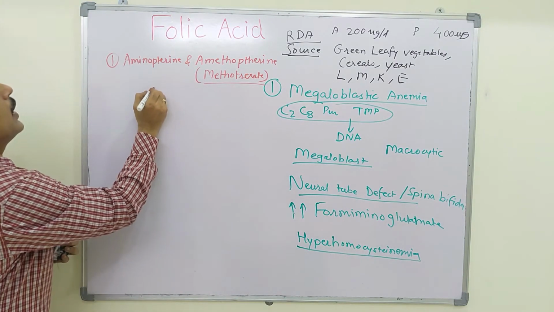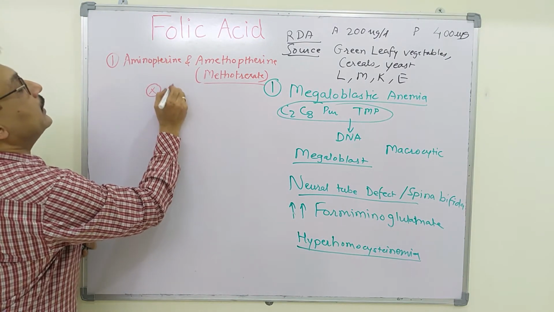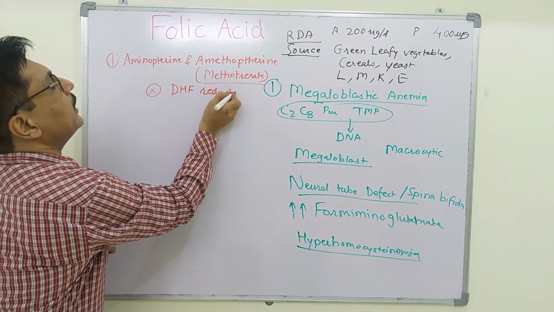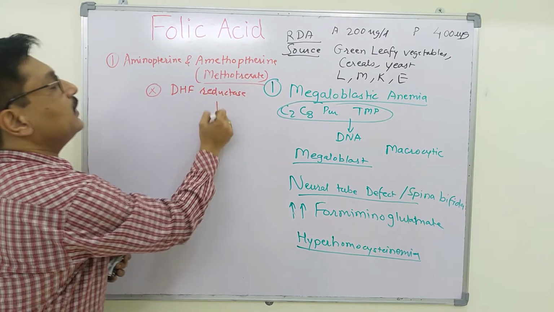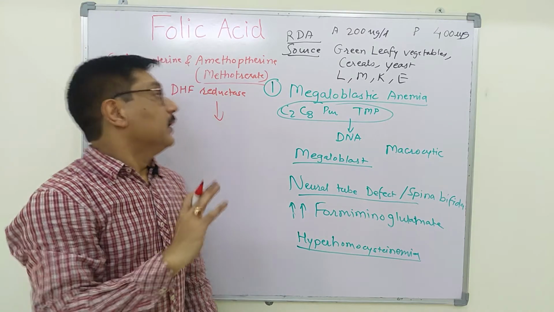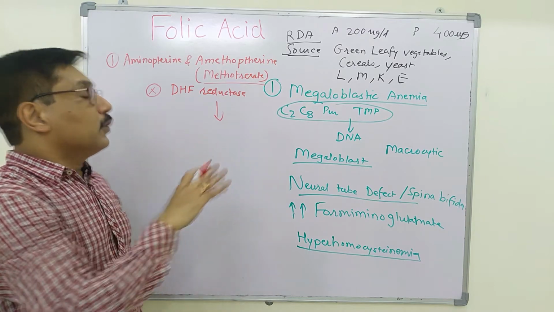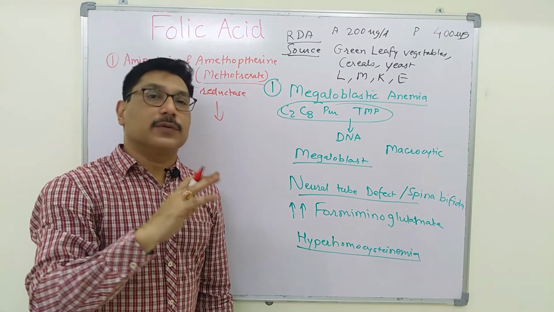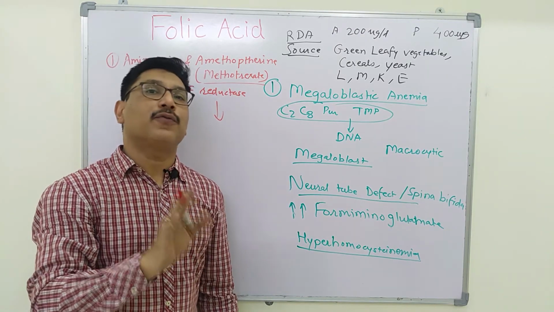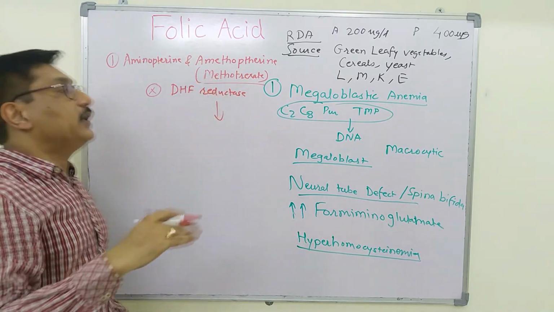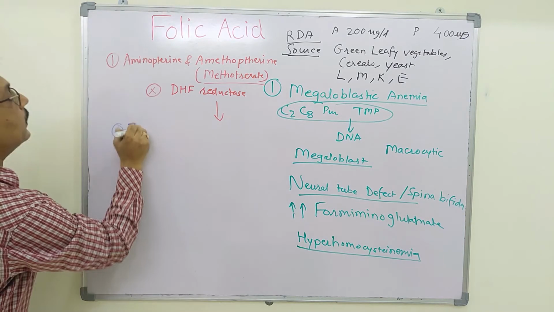They competitively inhibit dihydrofolate reductase and thereby decrease synthesis of purine and TMP. Thereby proliferation or division of cells is prevented, and hence methotrexate is used as treatment in cancers.